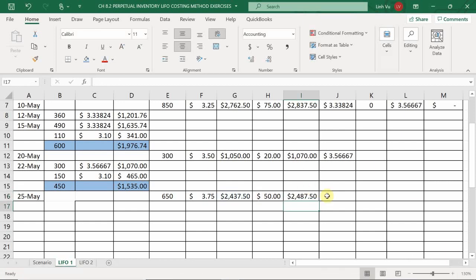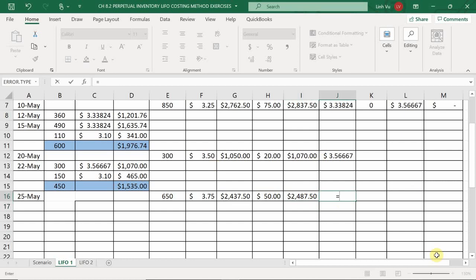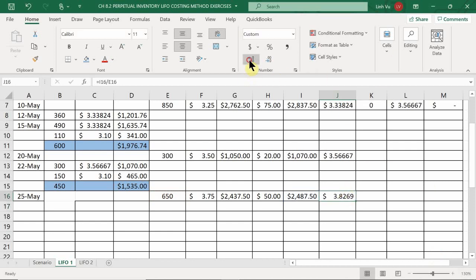So then that's going to bring my cost per item to be $3.8269308. Okay, good. 3208, I don't know where you got that. I got 3.32692.